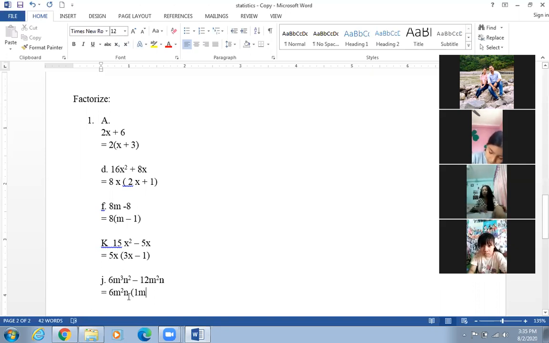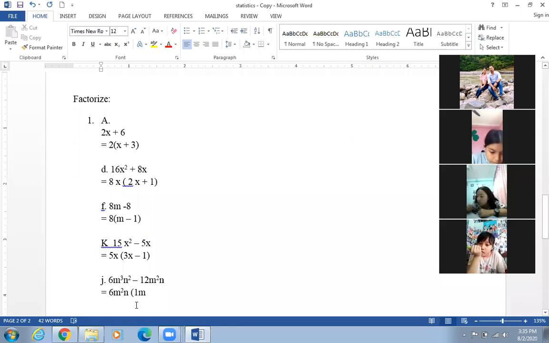In the similar way, n square means two n's and there is 1 n here. If we subtract one n from two n's, one n is remaining.